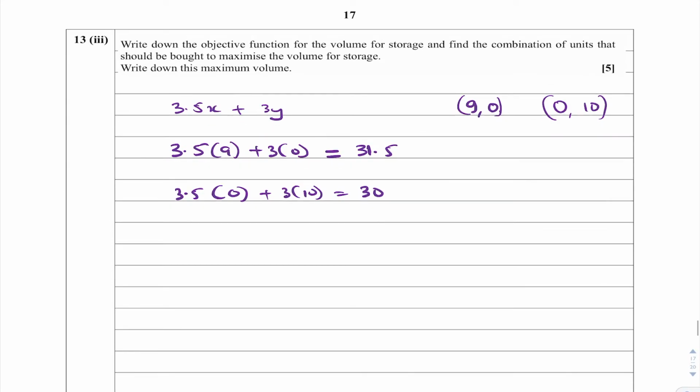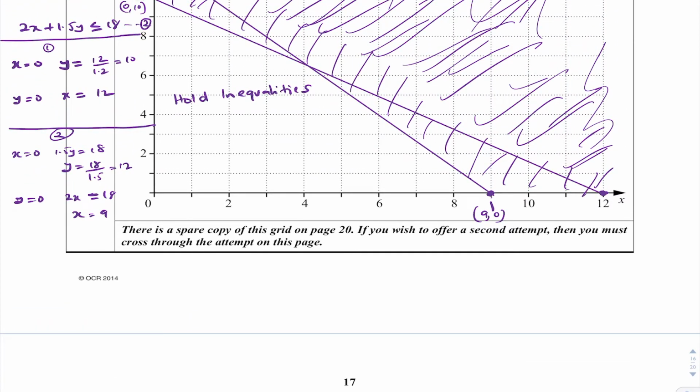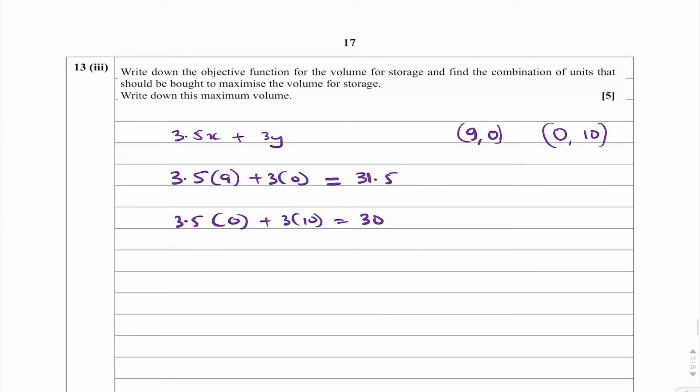We also need to look at this point here. So another point is here, (6, 4). So if we look at (6, 4), that means x is 6. So this is x equal to 9 and y equal to 0, x equal to 0 and y equal to 10.